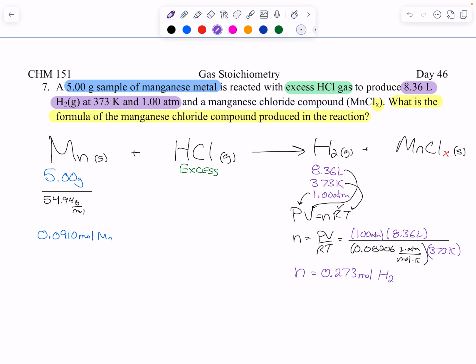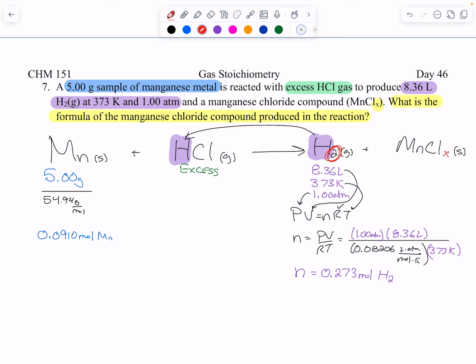Now, what do we notice? All of the H here, hopefully we notice, that's our key. All the H came from HCl. However, what do we know about this? There's a 2 here, right?